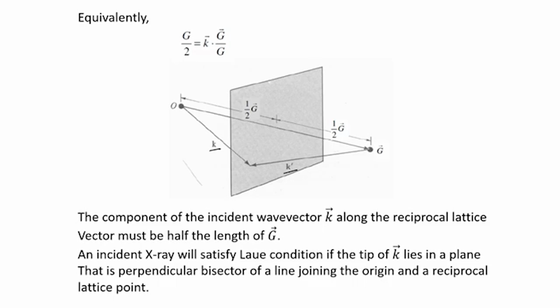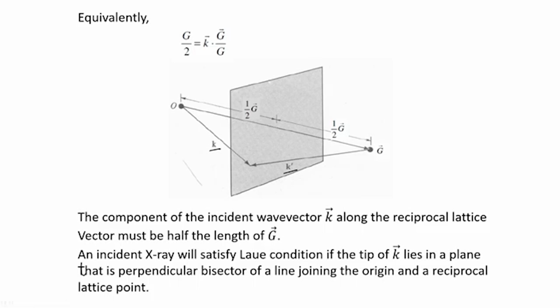Okay. This is what is written: the component of the incident wave vector along the reciprocal lattice vector must be half of the length of G. So, an incident X-ray will satisfy the von Laue condition if the tip of k lies in a plane that is the perpendicular bisector of a line joining the origin and a reciprocal lattice point.